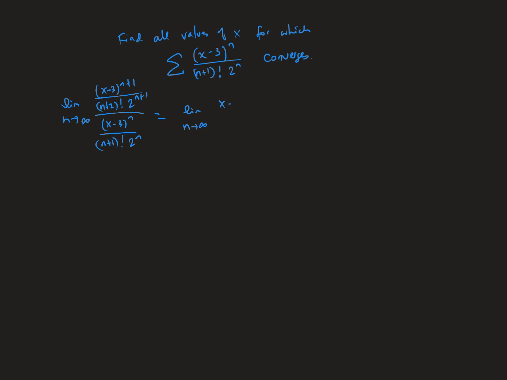All of this is the same as what we did in the previous example so far. Now we're going to simplify the fraction. And this also simplifies. So what I end up with is this.